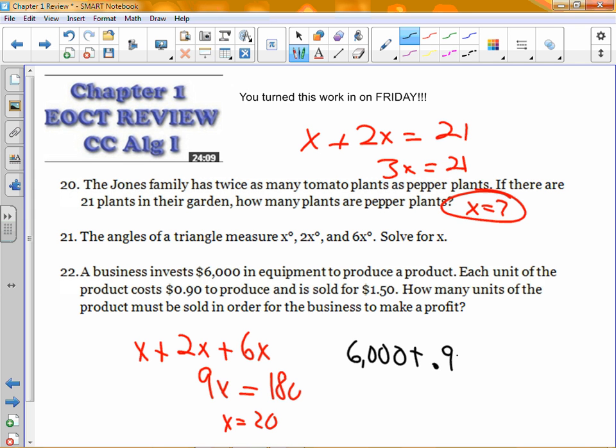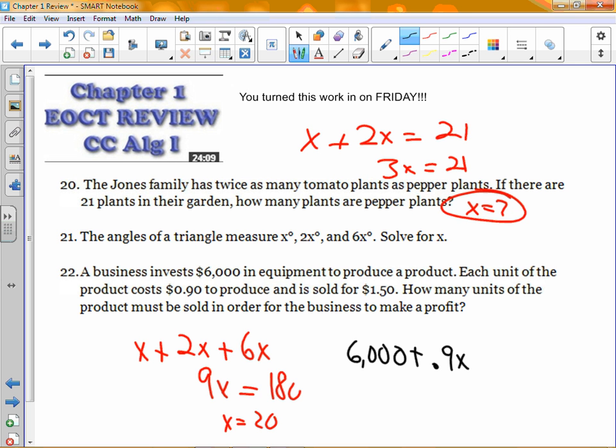So 0.9x. Think about this for a second now. If I got a business that costs me $6,000 up front, and every time I make one of whatever it is I'm making, it costs me 90 cents, 6,000 plus 90 cents per unit is my operating cost.